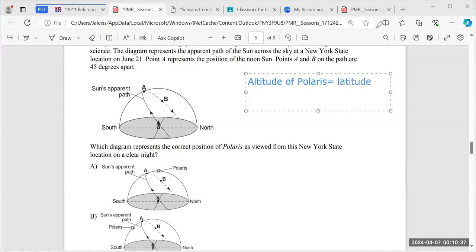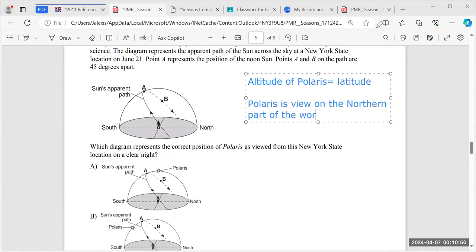The other thing that we know is Polaris is viewed on the northern part of the world. So that means that you want to be facing towards the north side, right, to see Polaris. That's going to help us out.